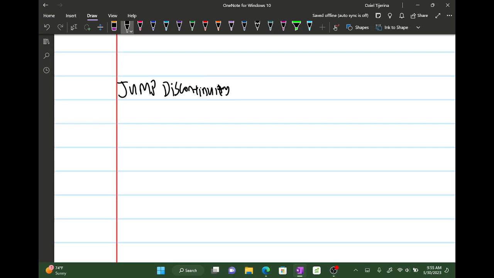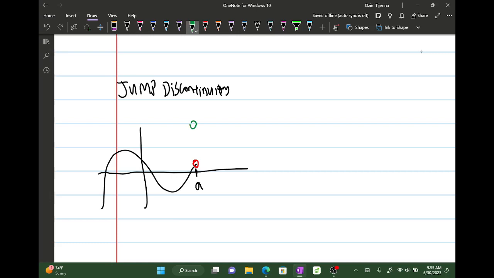But usually, when we're given a jump discontinuity, you're given a curve, and let's say there's a hole here, but then there's another curve that goes through this same x value. Let's say here's a, and then there's another curve that spirals off somewhere else.